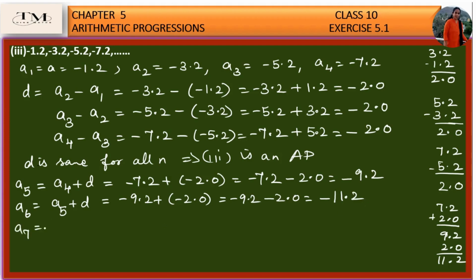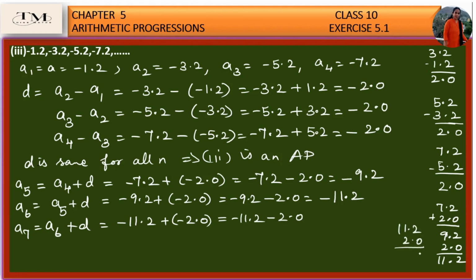Next A7, it is the previous term plus D. So what is A6? It is negative 11.2 plus D, which is minus 2.0. So negative 11.2 plus into minus, minus 2.0. So with 11.2 you have to add 2.0.